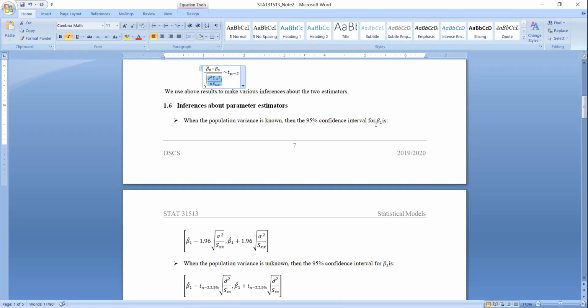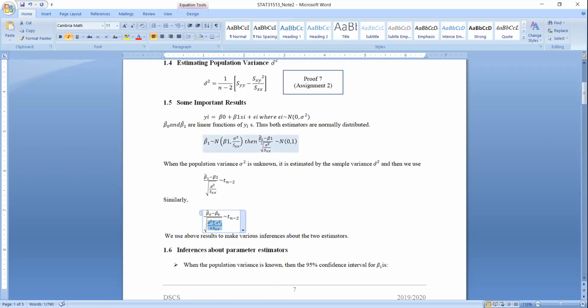So here, if you want to calculate a 95% confidence interval for beta 1, and the population variance is known, we can use the first test statistic, that is beta 1 hat minus beta 1 divided by the square root of sigma squared divided by SXX. This has a standard normal distribution.